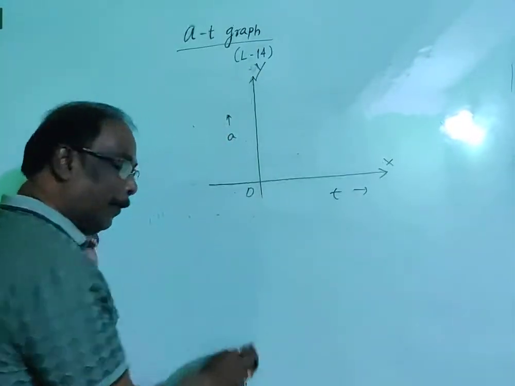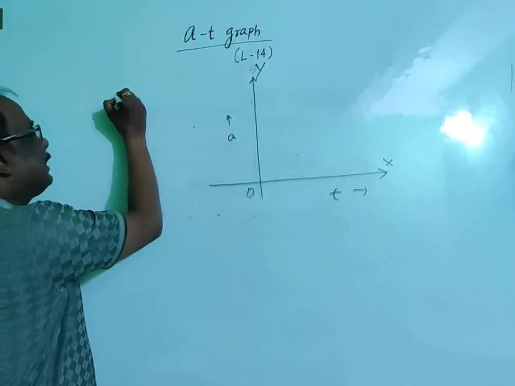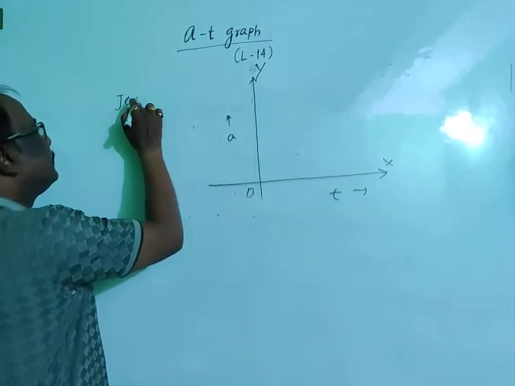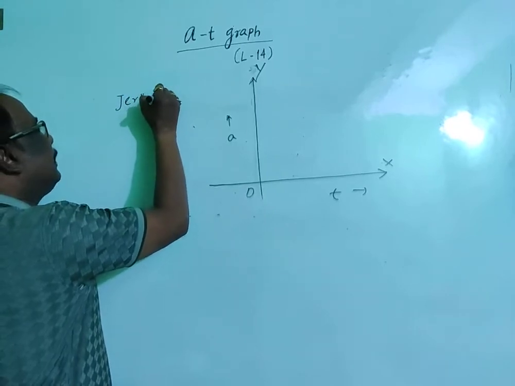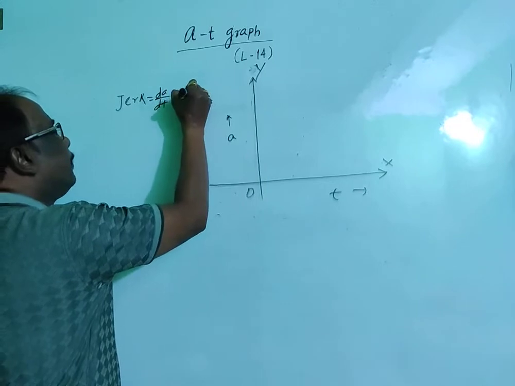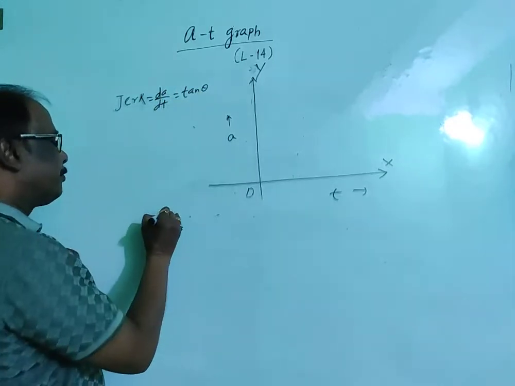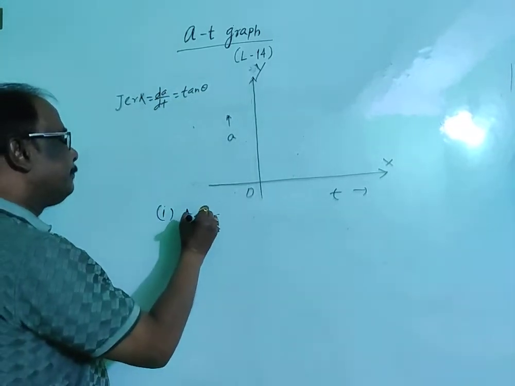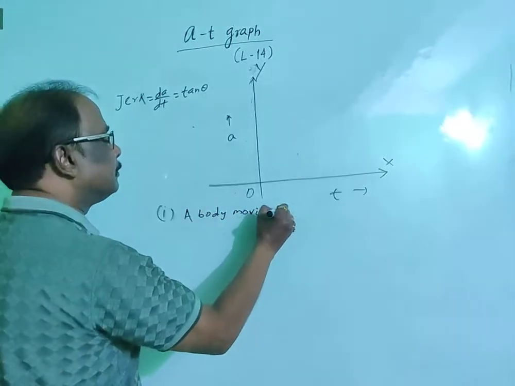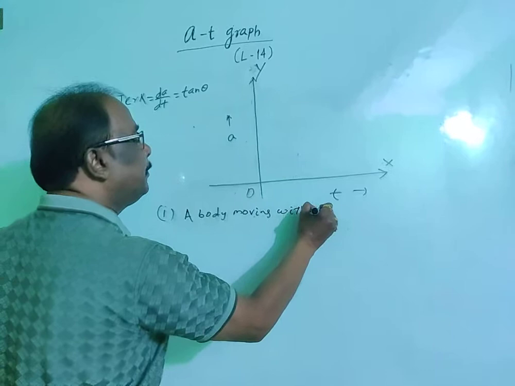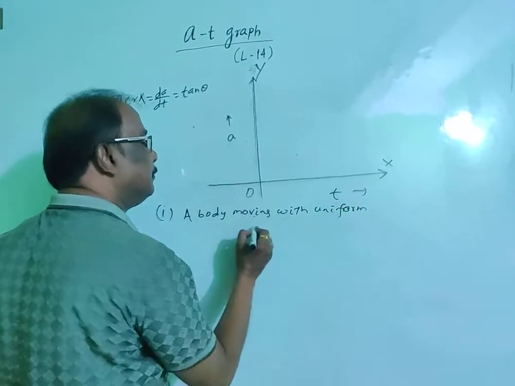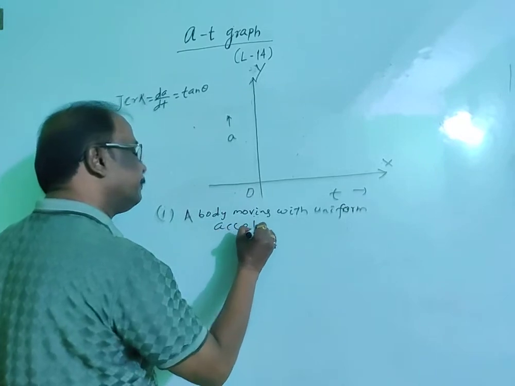So our output is jerk is equal to dA by dt, and that is equal to the slope of the graph. Okay, first, a body moving with uniform acceleration.